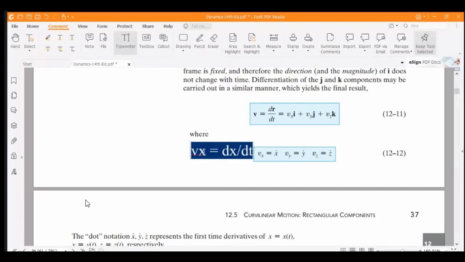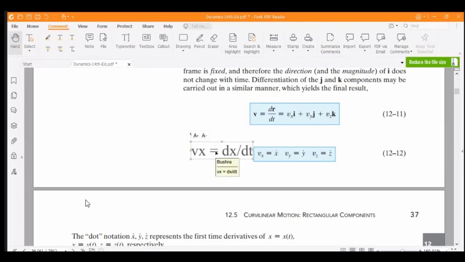So instead, they said you can also write x dot, y dot, z dot, to make the thing simple. Because rather than vxi, you can write x dot i, y dot j, and z dot k. So that means the dot represents the first time derivative. First derivation.